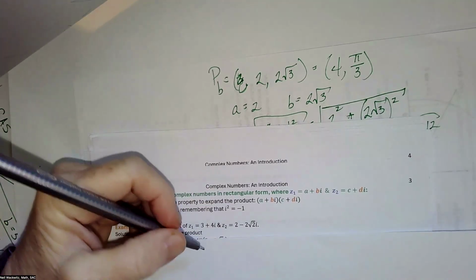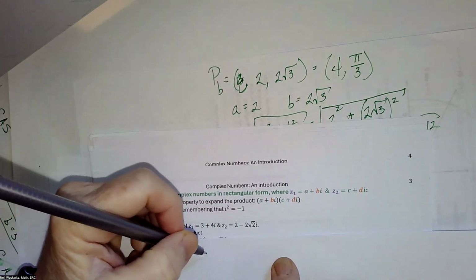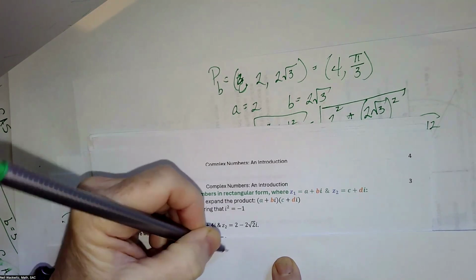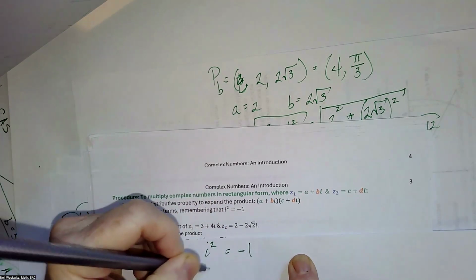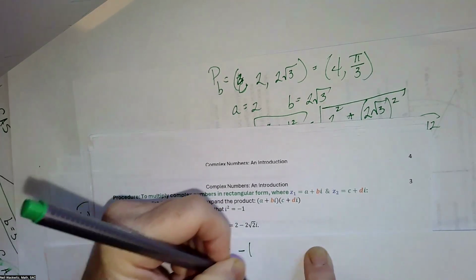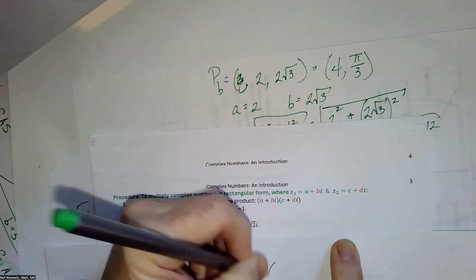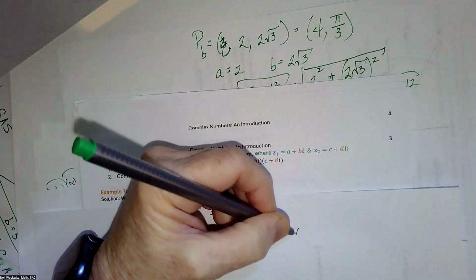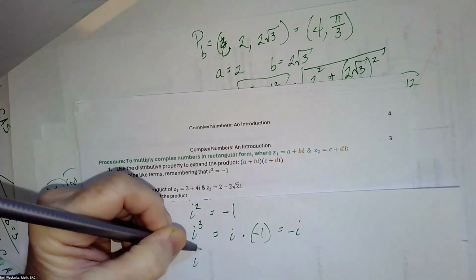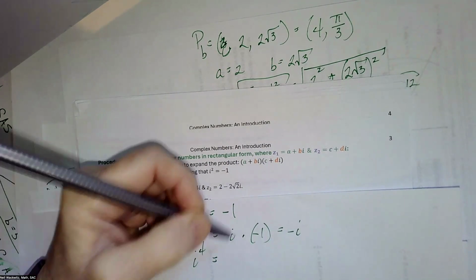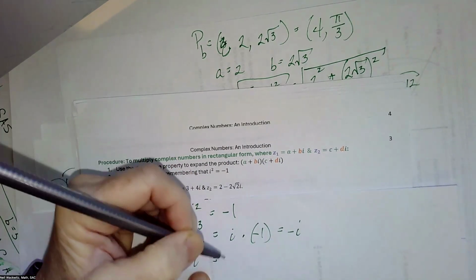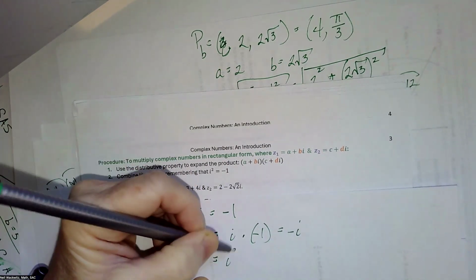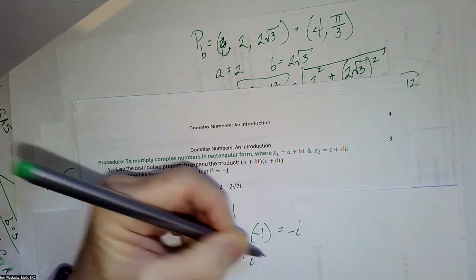So the powers of i is a really wonderful thing. We have i squared is -1, i cubed, that's i times -1, so that's just -i. i to the 4th is, wait, that's i squared times i squared.